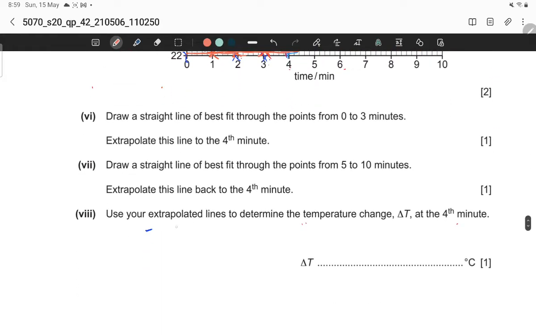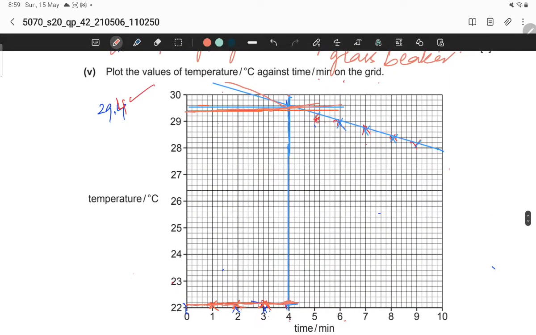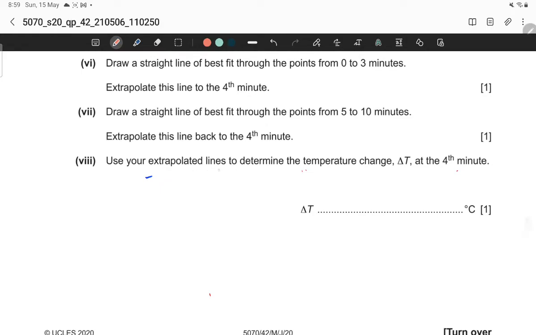Then use your extrapolated lines to determine the temperature change, delta T, at the 4th minute. So this is the temperature change, and this will be 29.4. Delta T is equal to final temperature minus initial temperature.